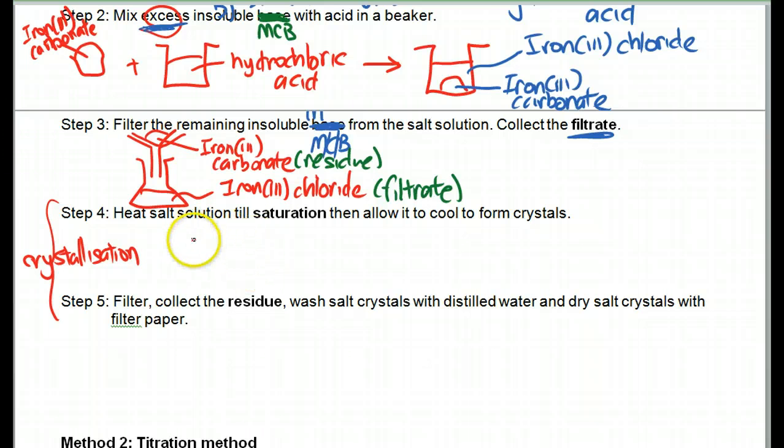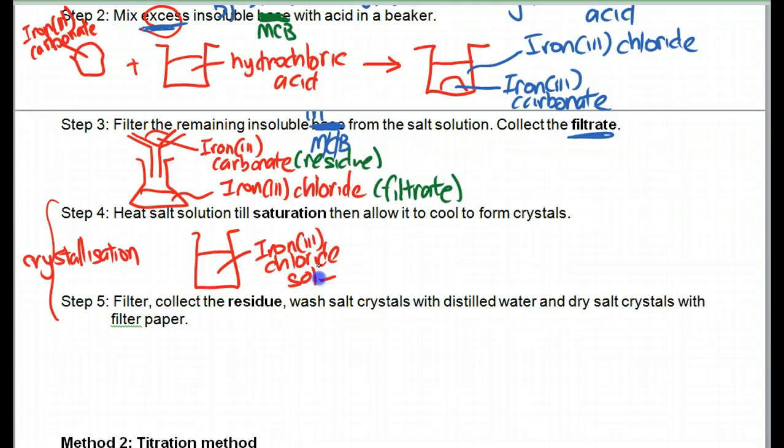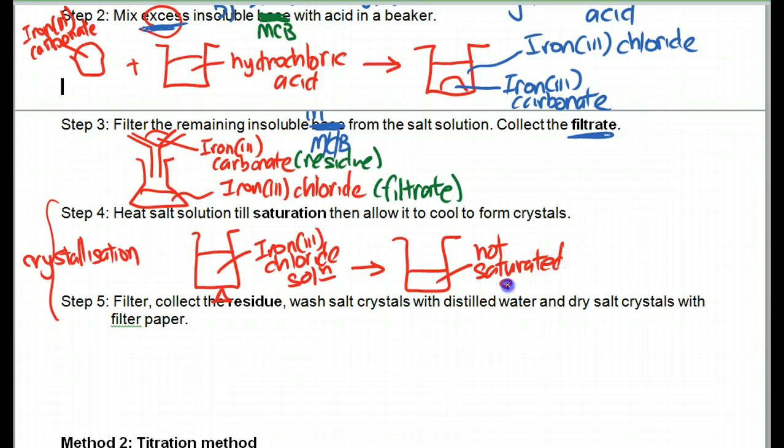So what's going to happen is you'll take your solution, in this case iron 3 chloride solution, and you will heat it up and the water level will drop till the point of saturation. So this will form your hot saturated solution.